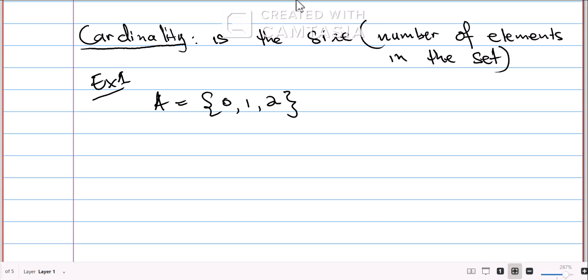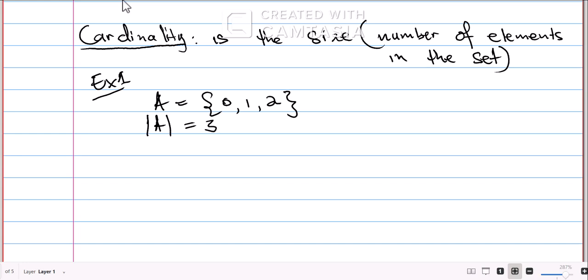We denote the cardinality with absolute value bars, these two lines. So the cardinality of A is 3, because we have 3 elements inside A.